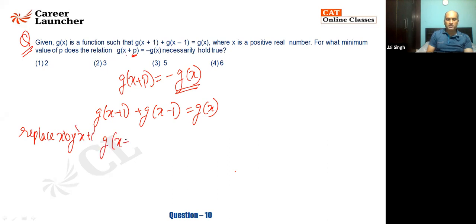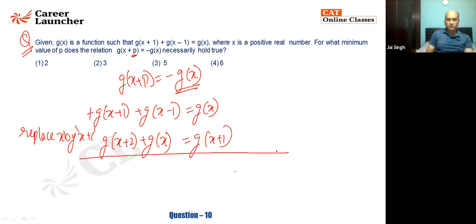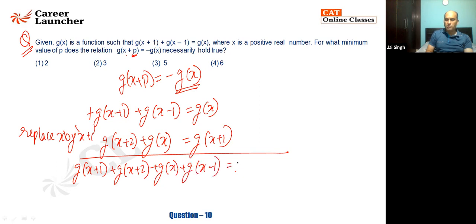So I'll say this is g of x plus 2 plus gx is equal to g of x plus 1. Add both the equations. What do you get? It is g of x plus 1 plus g of x plus 2 plus gx plus g of x minus 1 is equal to gx plus g of x plus 1.